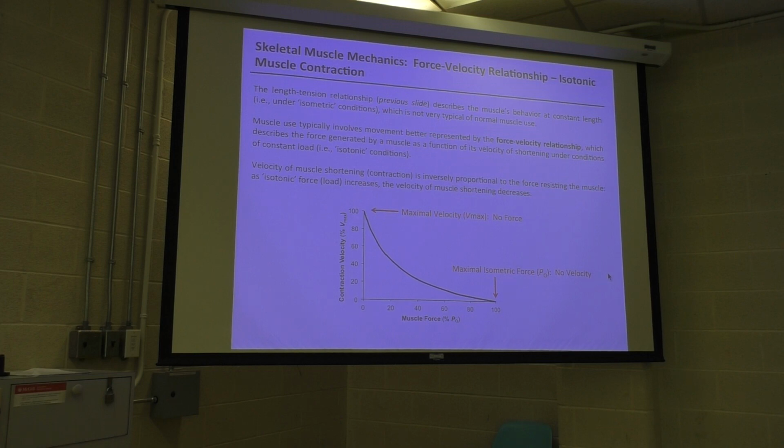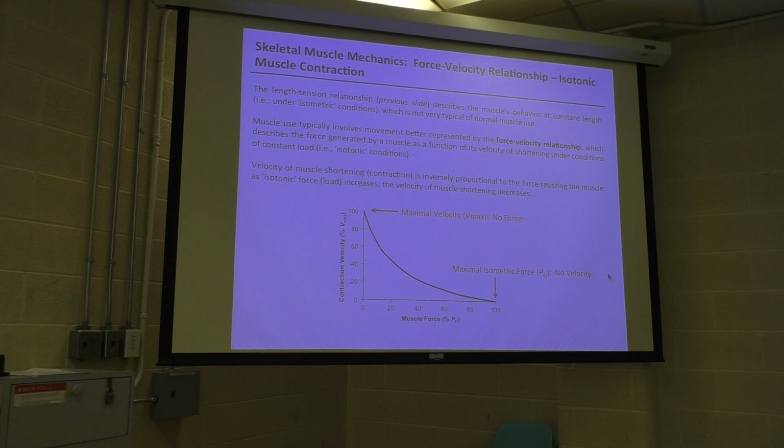So what this means is, later we'll look at power curves, so you'll actually see that even though you're exerting a lot of force, you're not actually moving anything, you're not doing any work, so you're not going to have any power at the highest force at the end of the curve.